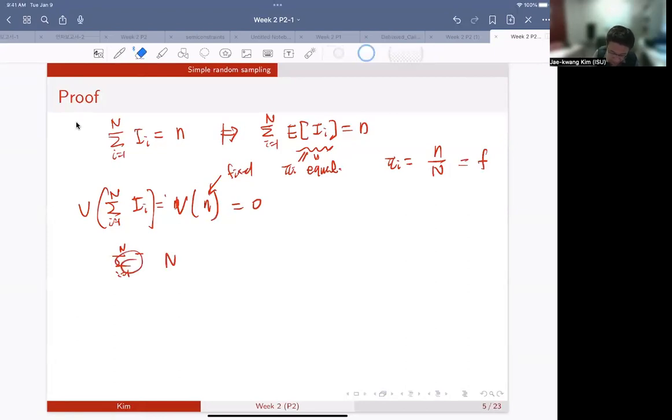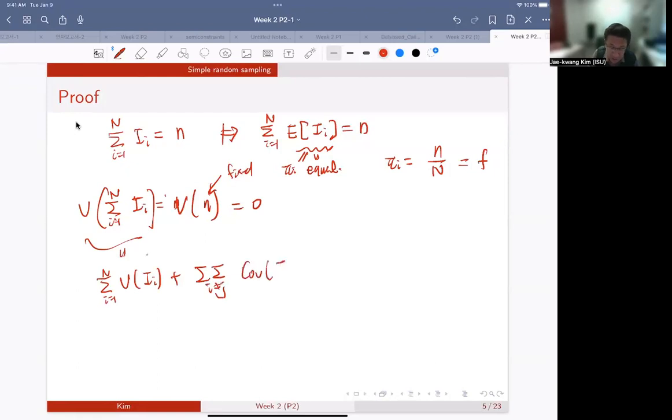Okay. Basically, this is equal to the summation of the variance of I_i plus the sum over i not equal to j of the covariance of I_i and I_j. Okay, make sure I'm recording. Okay, I'm recording now.